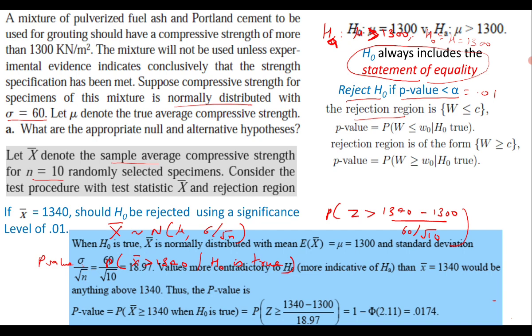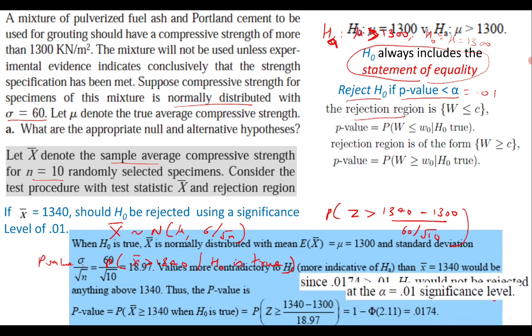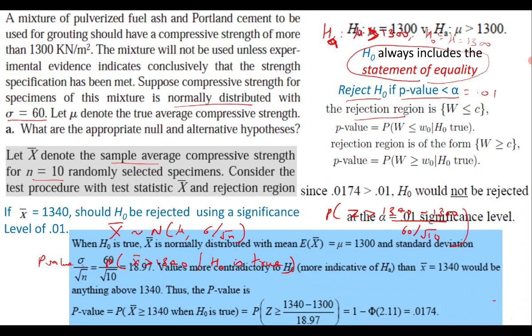You need to see many more exercises so that this becomes clearer to you. So now this p value comes out to be 0.0174, which is greater than alpha. Therefore, we do not reject H naught.